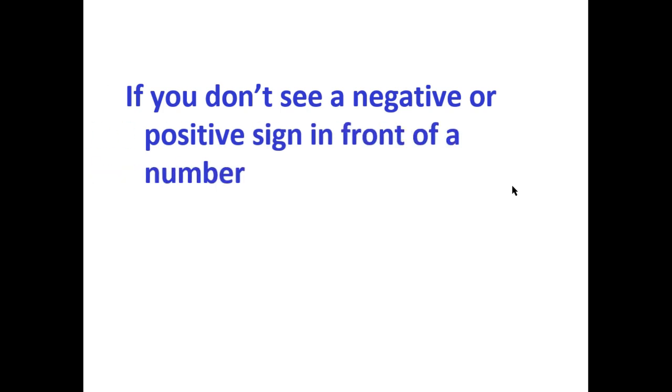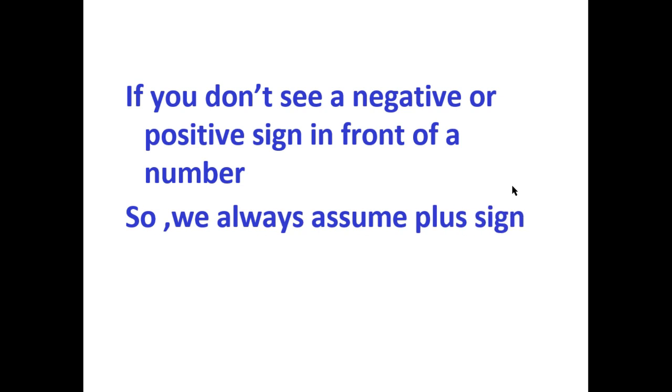If you don't see a negative or positive sign in front of a number, we always assume a plus sign. For example, 9. Here 9 does not have any symbol, neither positive nor negative, so the number 9 is positive.